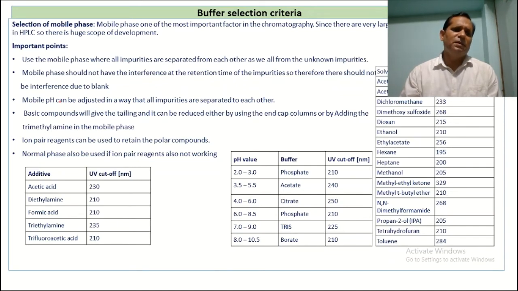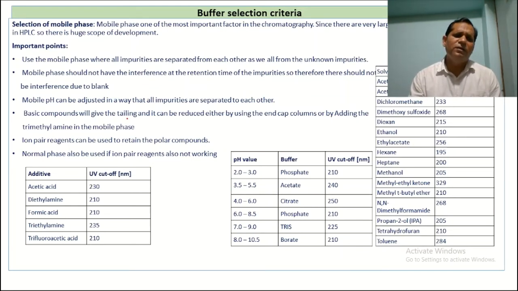Mobile phase pH can be adjusted in a way that all impurities are separated from each other. By playing with the pH of the mobile phase, we can separate the different impurities, and particularly in the case of polar or ionizable compounds, mobile phase pH is very important. There are some basic compounds containing amino groups, and we have seen that basic compounds give tailing in HPLC development.